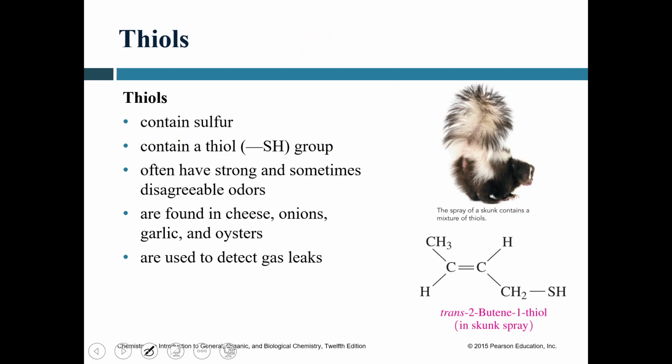Now thiols are pretty interesting compounds, sulfur organic compounds. So they contain a thiol SH group. Many thiols, the majority of thiols, have very strong and very nasty odors. Spray of skunk contains a mixture of thiols, as do cheese, onion, garlic, oysters.